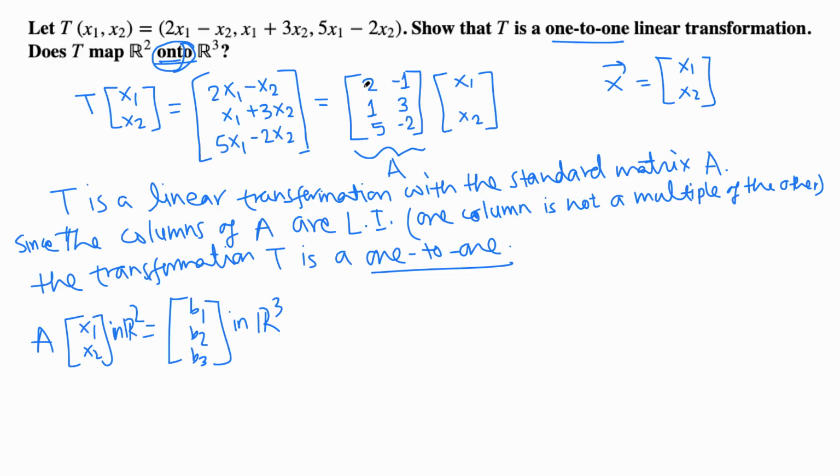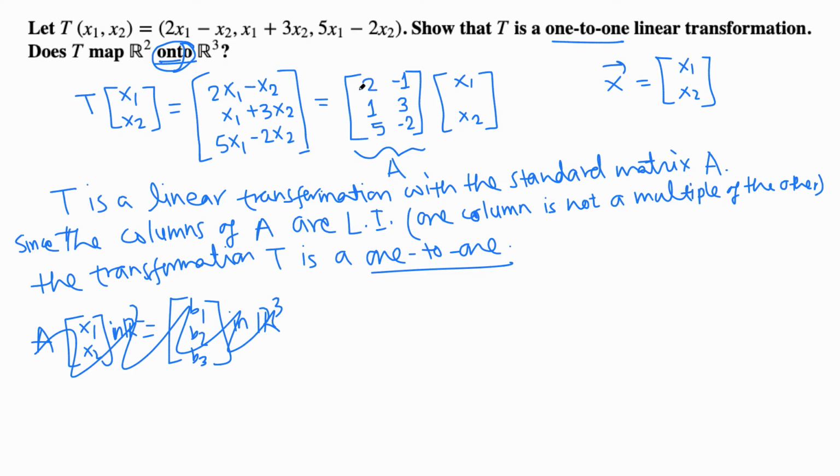It's no, because there are only two columns, or only two vectors. To generate a vector in R3, we need three linearly independent columns, or we need three pivot positions in the rows.